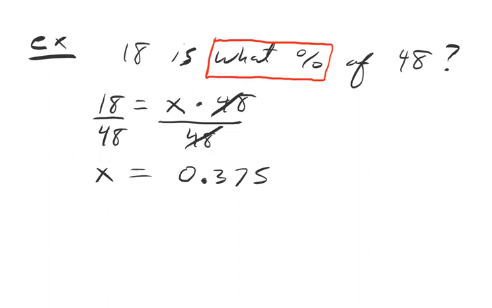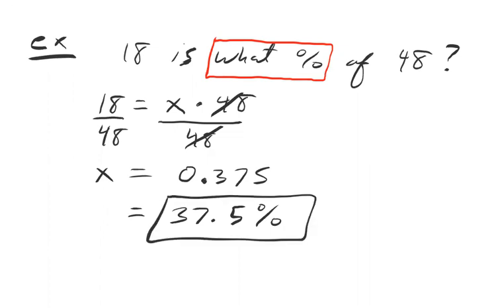How do I change it to a percent? I have to move the decimal 2 places to the right, don't I? Remember, in the equation, in math land, the percent's always going to be in decimal form. So we have to change it back to percent form to get back to our answer.